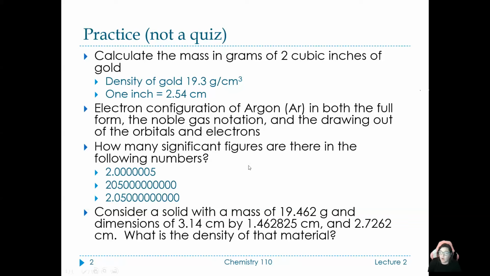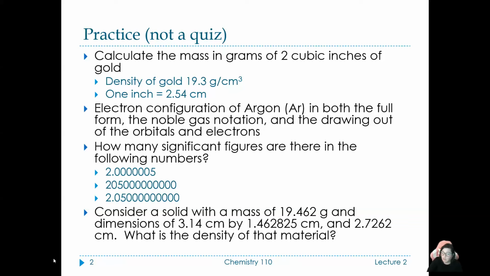Electron configuration of argon in both the full form, the noble gas notation, and the drawing out of the orbitals and electrons. So argon: full form, noble gas, and drawing out of orbitals and electrons. All right, let's go back here.